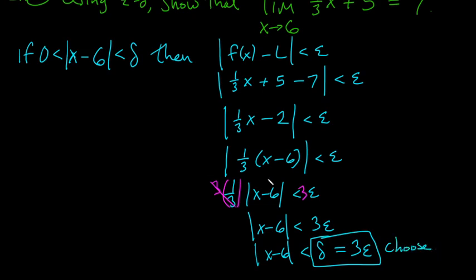And now we just want to make sure that this is correct. We want to make sure that as long as the absolute value of x minus 6, again assumed to be positive, is less than delta, then that's going to guarantee that the absolute value of f of x minus L will be less than epsilon.